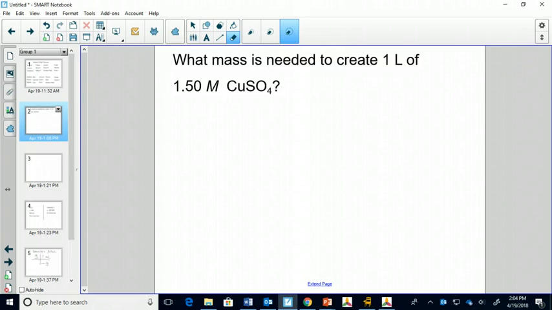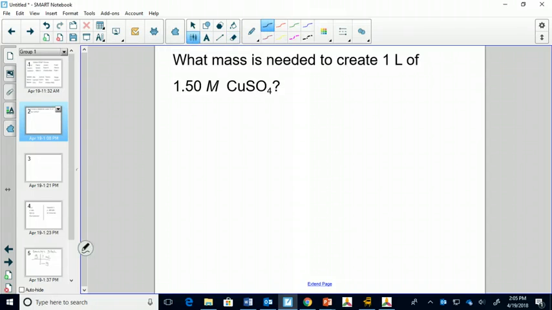In the last set of questions, we gave you the mass and the volume, and you had to find molarity. Instead, this time, we're giving you molarity and the volume, and asking you to find the mass, just like we did in number 20, as well as in one of the quiz questions yesterday, number 19.